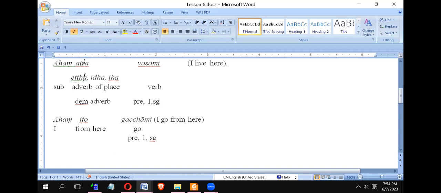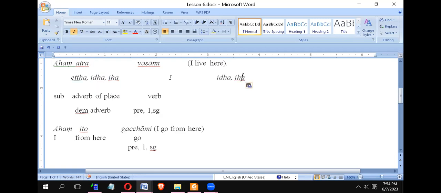Okay. Any particular circumstance? It depends. Sometimes the typical writer will use atra, sometimes they use eta, ida, iha. They are not so particular. But if you look at ida and iha, you notice that they are quite similar, right? There is some relationship between these two.